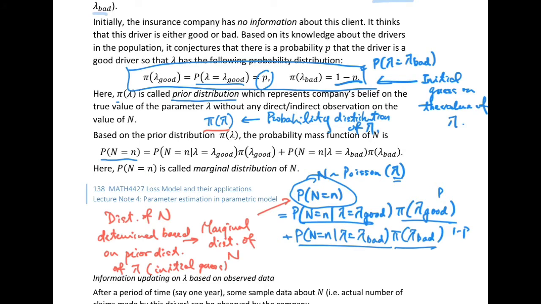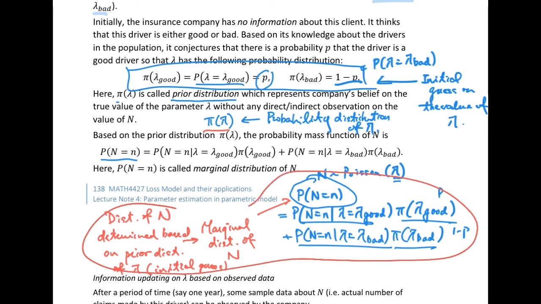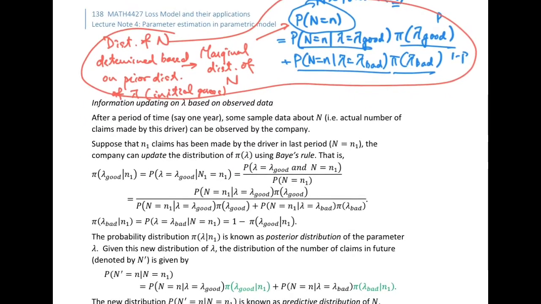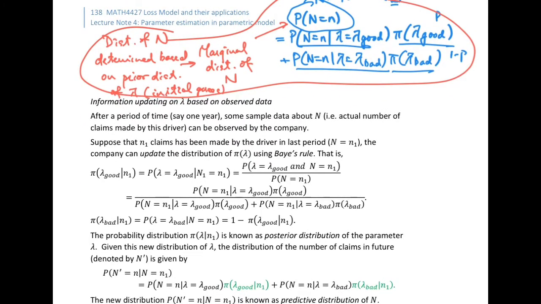Now, of course the story will not be just as simple as that. Initially, when you don't have any information about this client, this will be your best guess on the distribution of N, isn't it? Now let us think about this scenario.